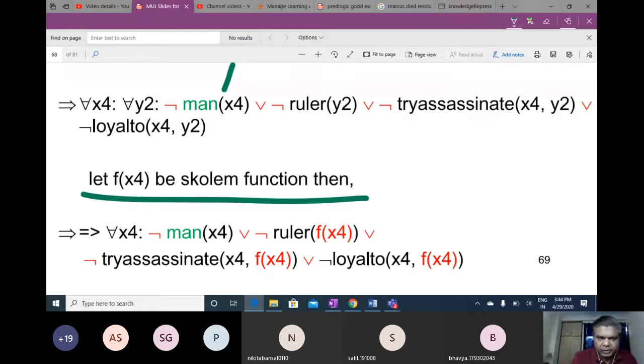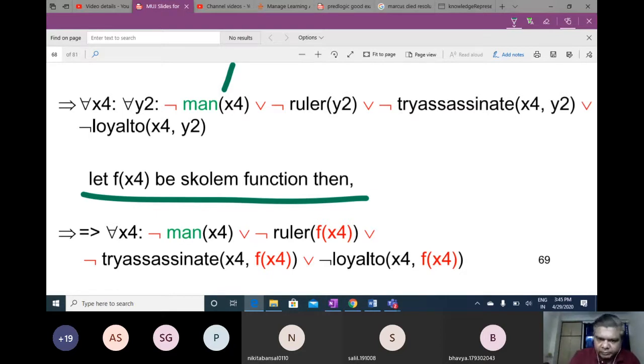So in this example, y2 has been replaced by some Skolem function, whereas we have to do this only when we are eliminating an existential quantifier. Here y2 is not existentially quantified, it is universally quantified. So in this case, we need not replace it by f(x4).